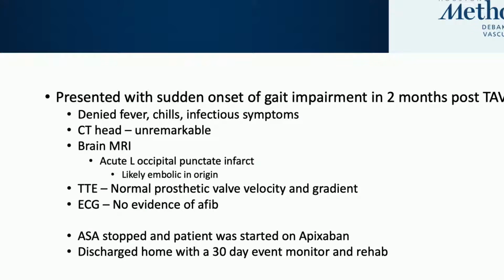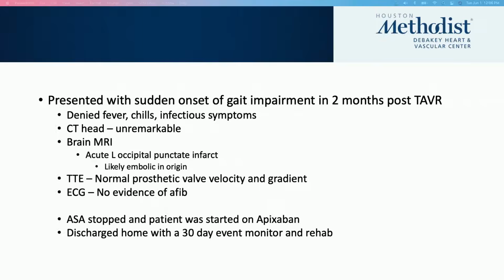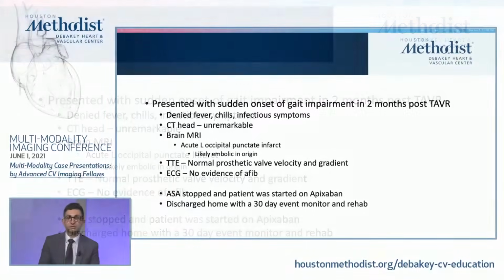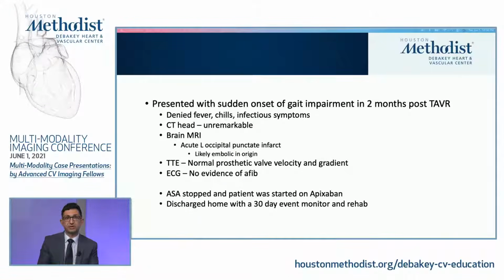Two months post his TAVR, he presented with a sudden onset of gait impairment. He denied any infectious symptomatology. His CT head was unremarkable, and he subsequently underwent a brain MRI which showed an acute left occipital punctate infarct.